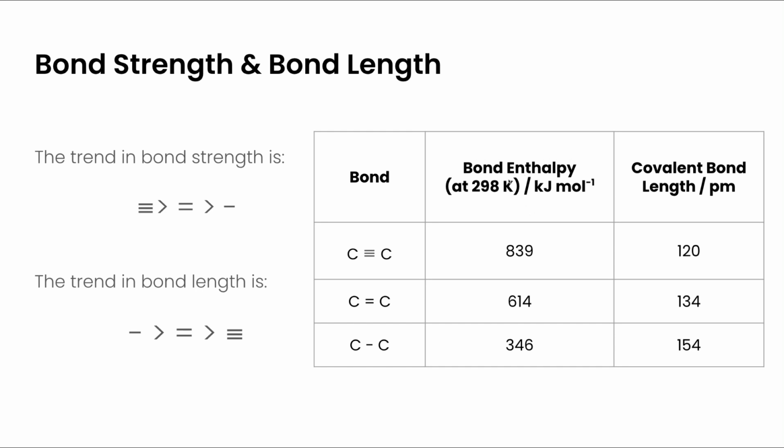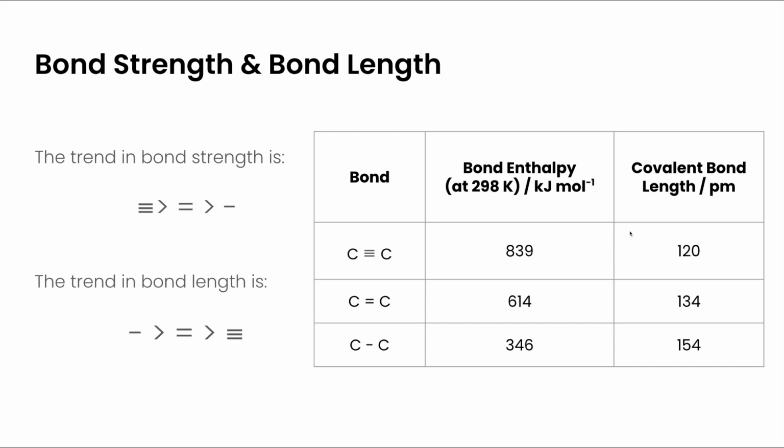And this is actually in the data booklet as well. And you can see that for the triple bond, it's 839, goes down to 614 for the double, and then 346 for the single.